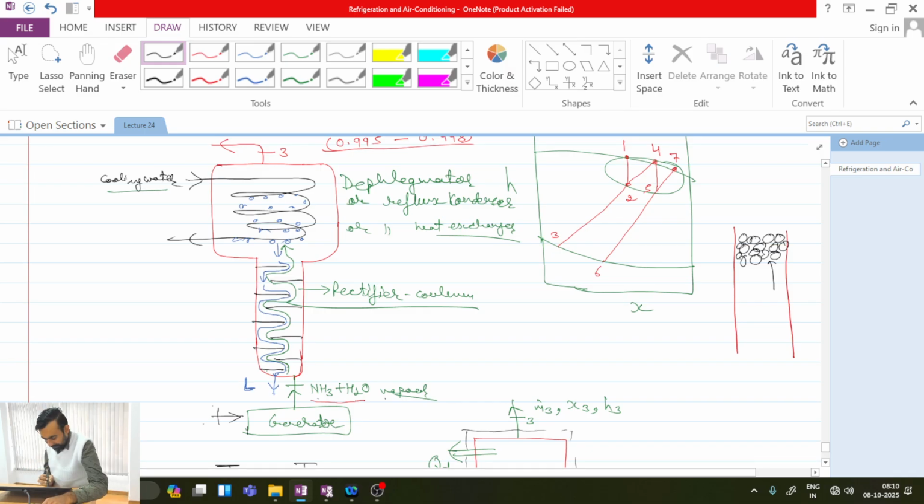So it means that this strong solution also has some potential for taking heat from the vapor medium which is going out of the generator. Is this one clear? Okay.